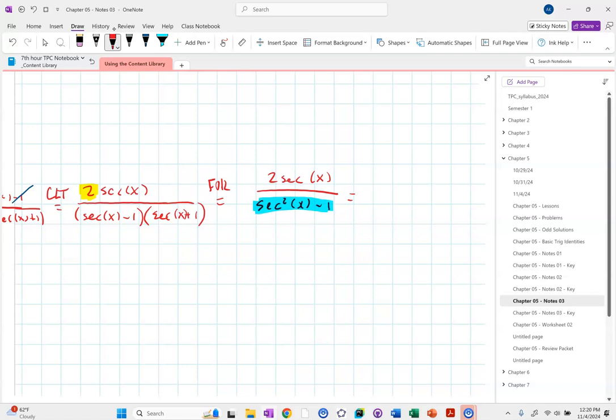When you see squareds in addition or subtraction, which group of identities are you going to be looking at? Well, I'm not sure. You should be looking at the Pythagoreans. Which of the 3 Pythagoreans have a secant squared in it?